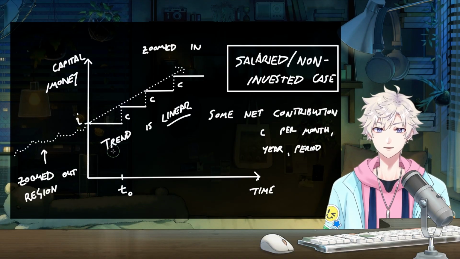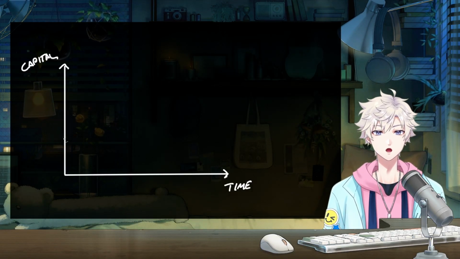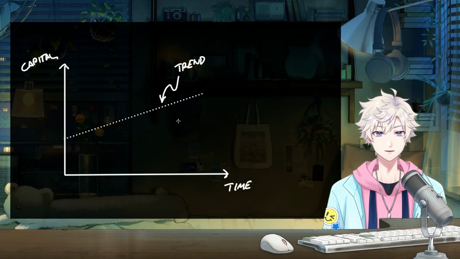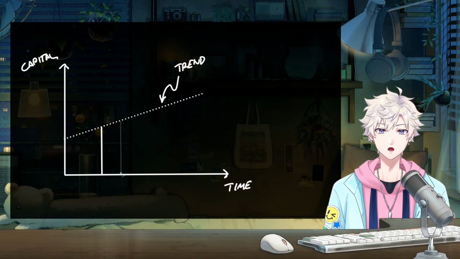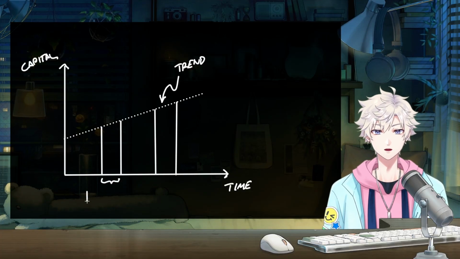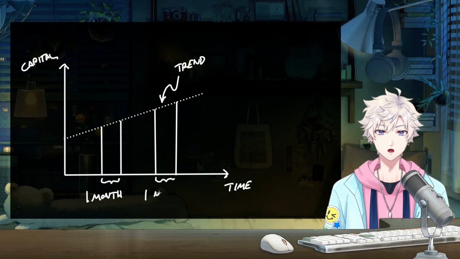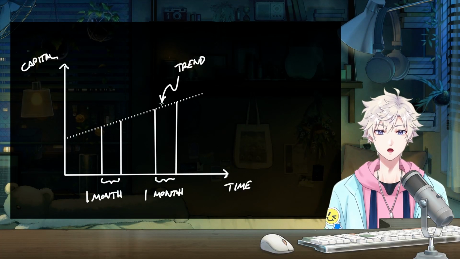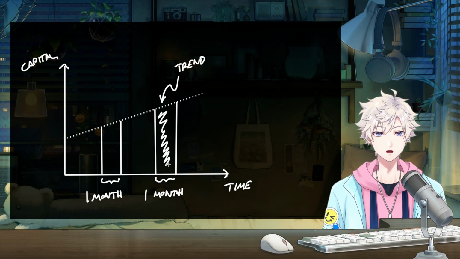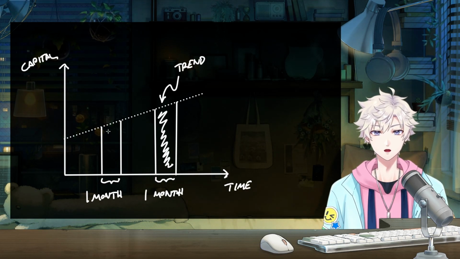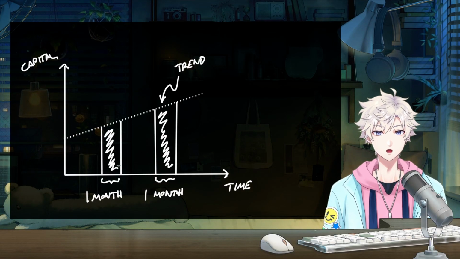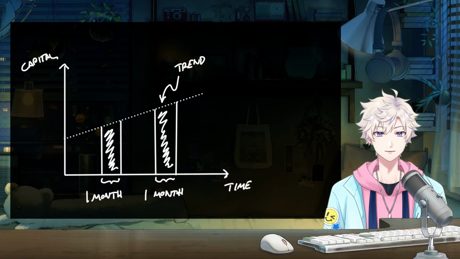Okay, so what does it really mean for capital or for money to grow in a linear trend? One way to visualize this is we draw the dotted line. This is the trend that we had before. And then we mark out equal periods or equal intervals under this line. So for example, let's say the person's working for 1 month, and then you want to compare it to a different month.